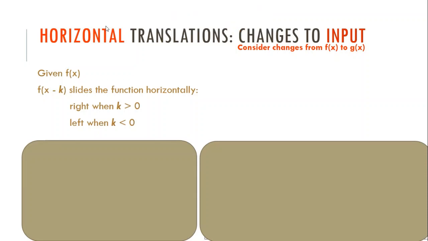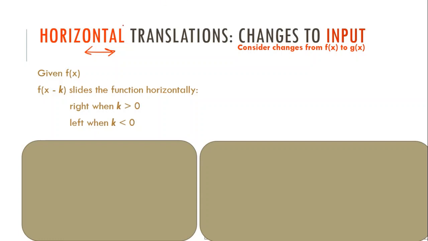All right, I took a second to cover some things up just so we're not overwhelmed when looking at our slides. So the horizontal translation, remember that horizontal is left to right when we're looking at our graph, and we're looking at changes to the input. So consider the changes from f of x to g of x and how they change the input.